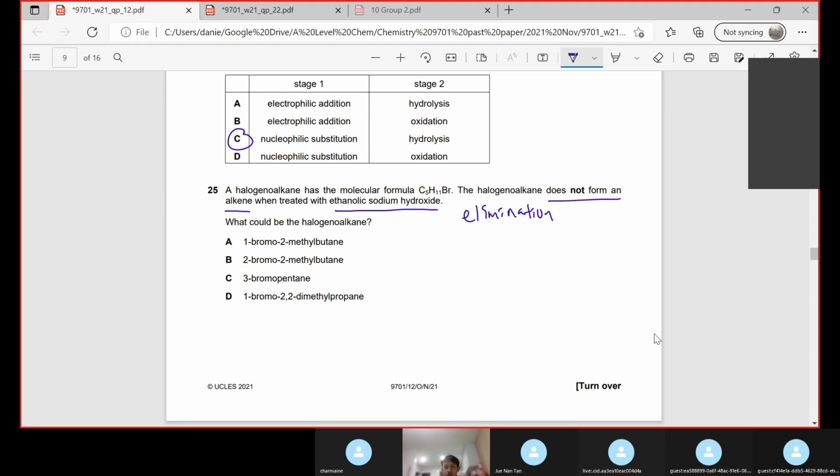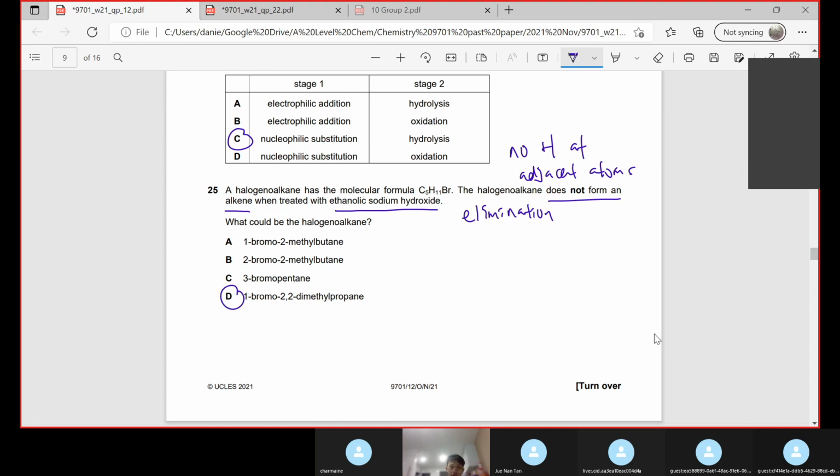So the reason here should be no hydrogens at the adjacent carbon. So you need to come out with the structure, then look at it one by one. Then I showed you the correct answer, which should be D.